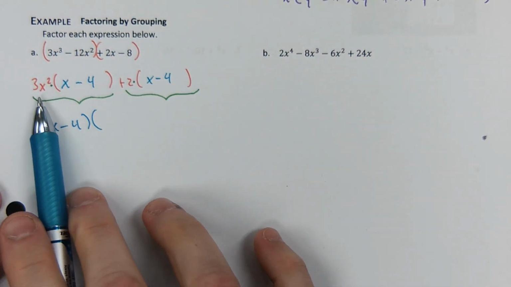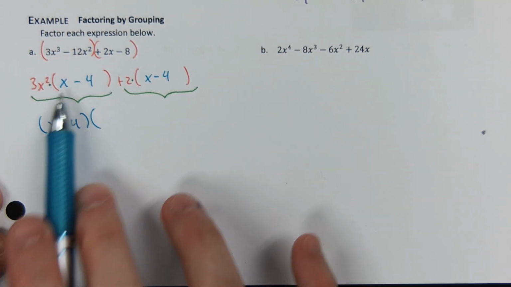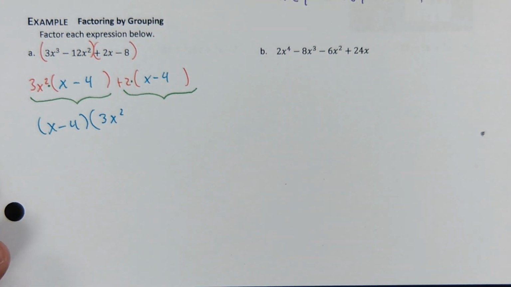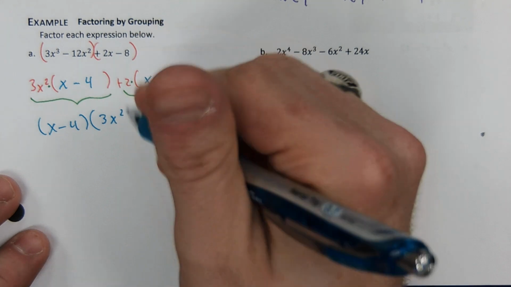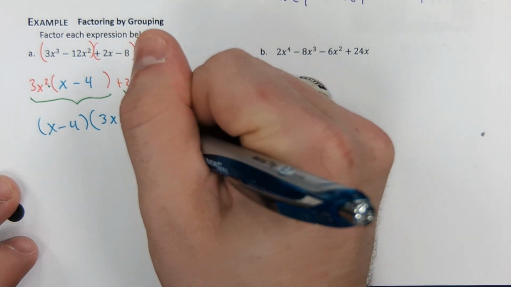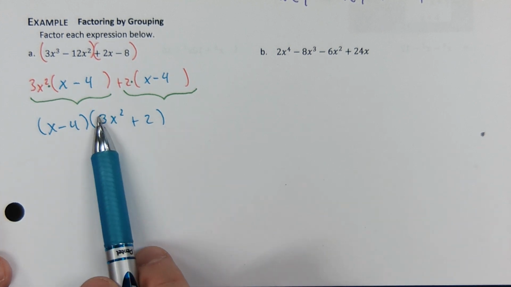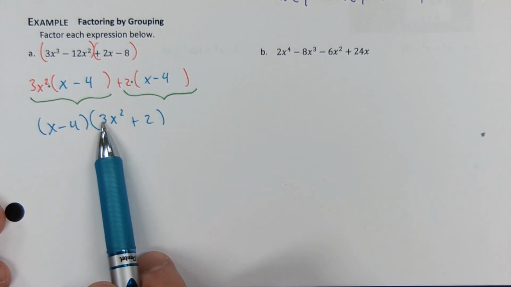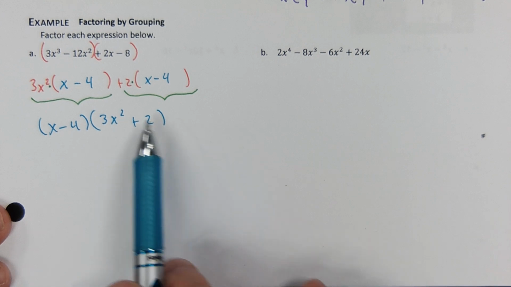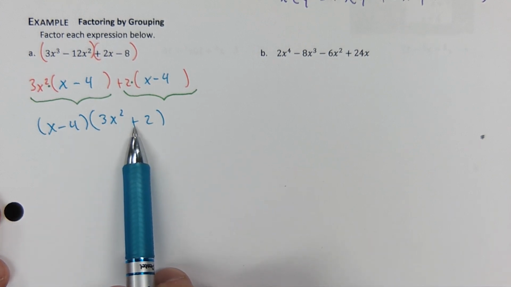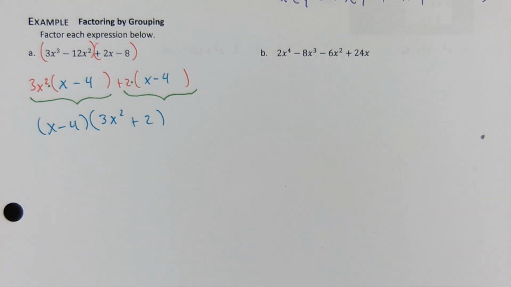And when I undistribute it from this first set, I'm left with the 3x squared. And when I undistribute it from the second set, I'm left with the plus 2. And that's it. Because 3 is not a perfect square, this isn't a special case. Also, it's a plus sign, and you will never try to factor an a squared plus b squared. So it's done.